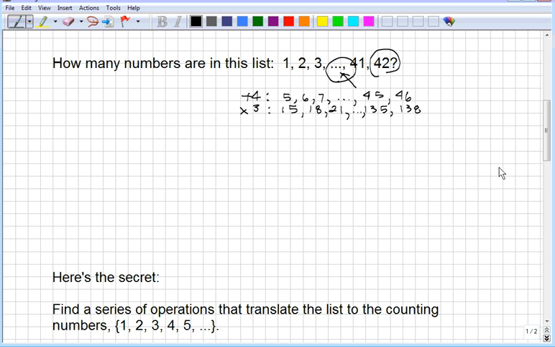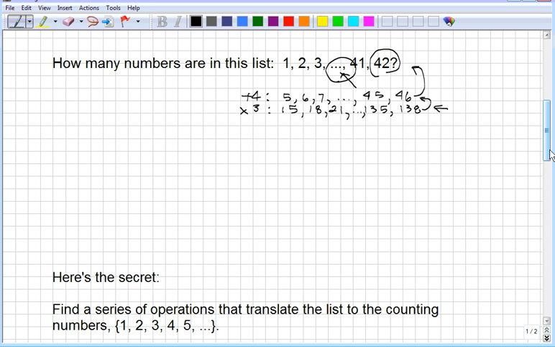So if we start with a list that looks like this, then we can easily convert it. In this case, we could divide by 3, and we'd end up with this list. And if we were to subtract 4, we'd end up with this list, right? And then it would be easy to count. Alright, so that's the trick.